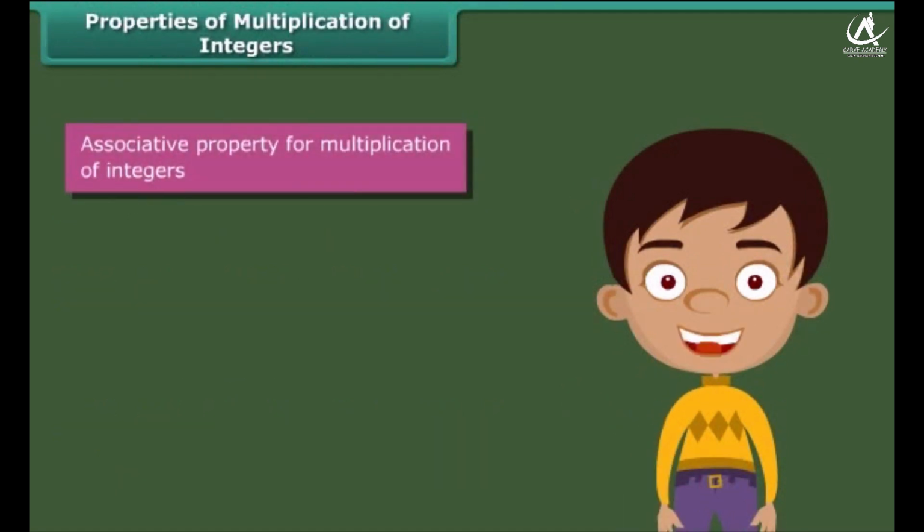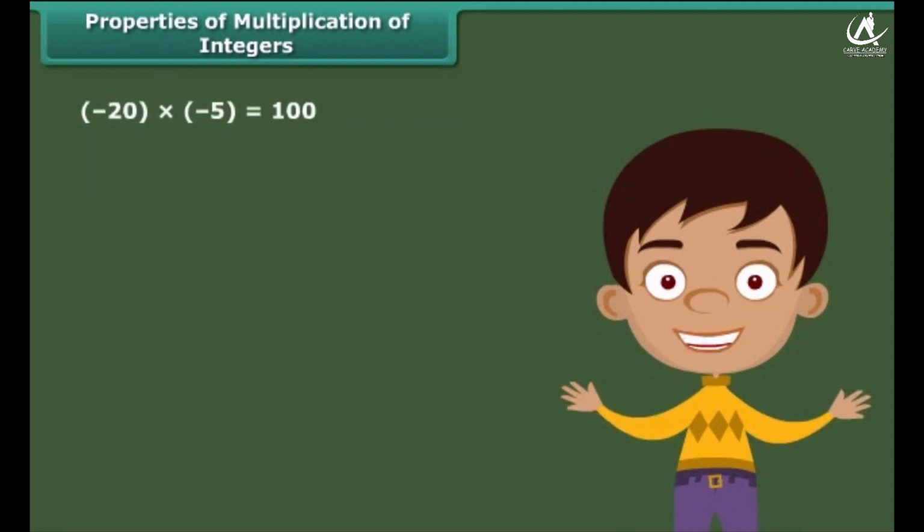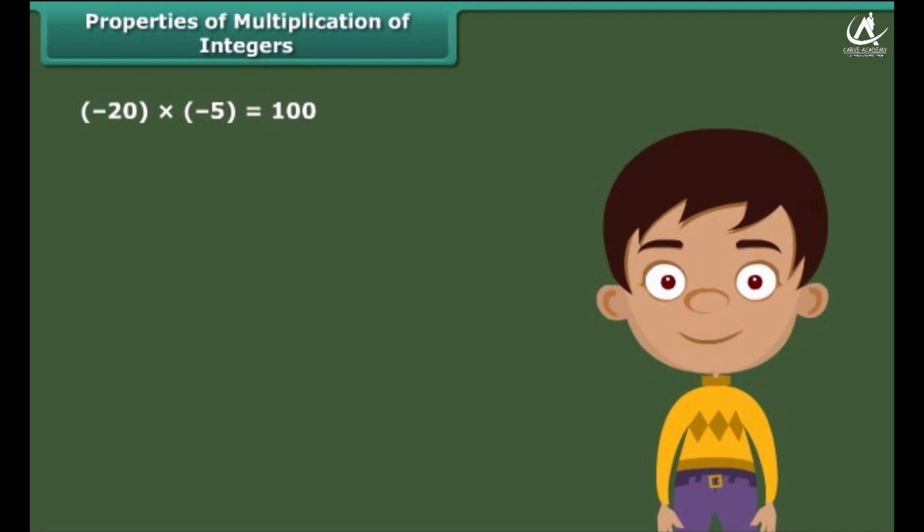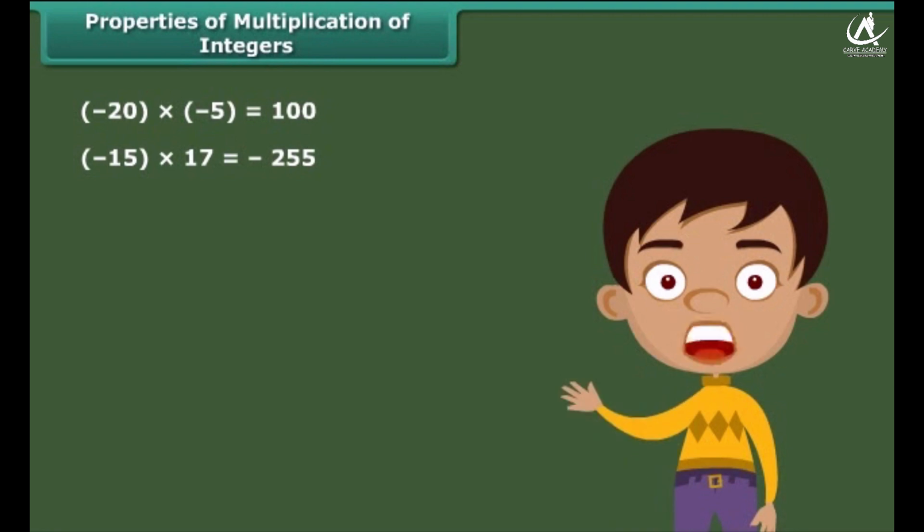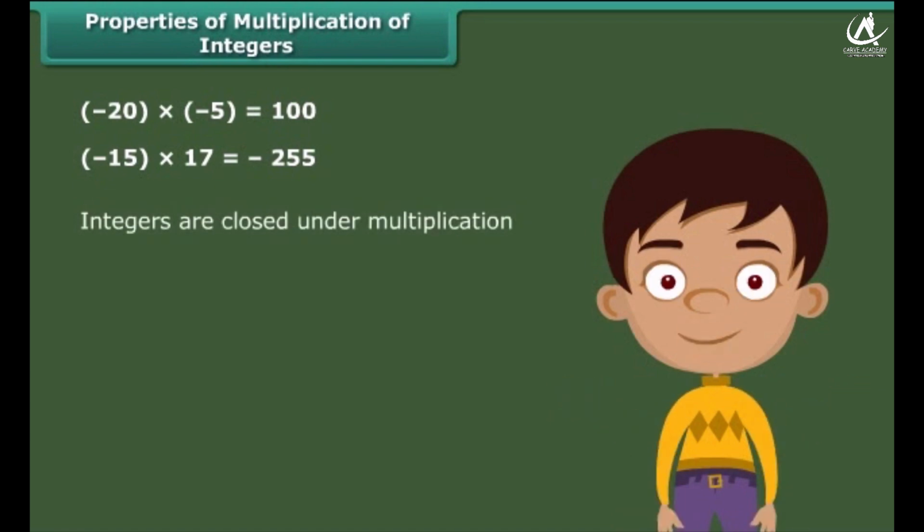The product of two integers is again an integer. For example, minus 20 into minus 5 is equal to 100. Minus 15 into 17 is equal to minus 255. So we can say that integers are closed under multiplication.